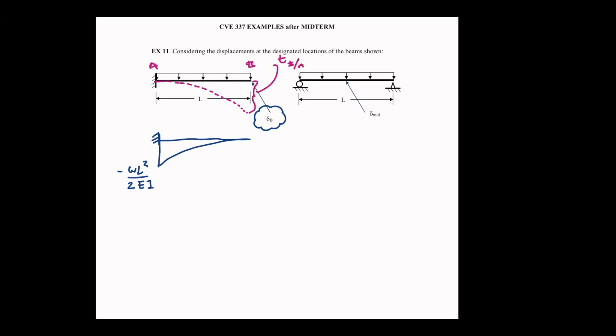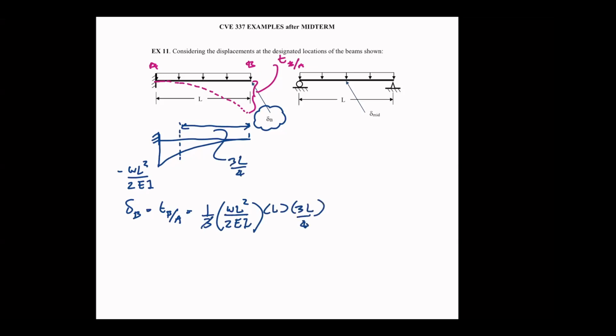So I can go ahead and calculate deflection at B, which is equal to TBA, and it's the moment of this area with respect to point B. So the area is 1/3 of WL squared over 2EI multiplied by the length, which is L, and then take the moment of this moment diagram with respect to point B. This distance is 3/4 of an L. So multiply with that.